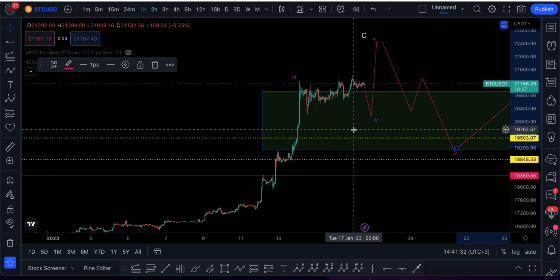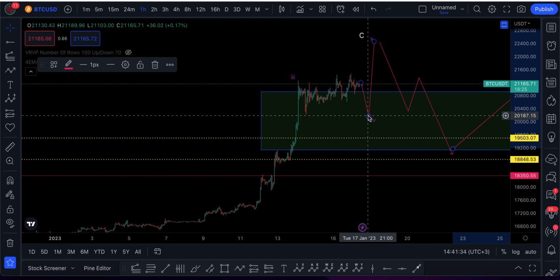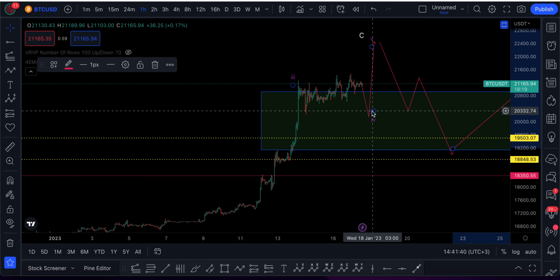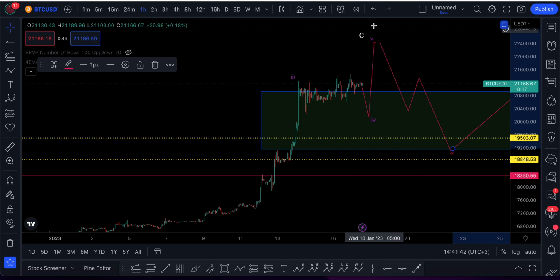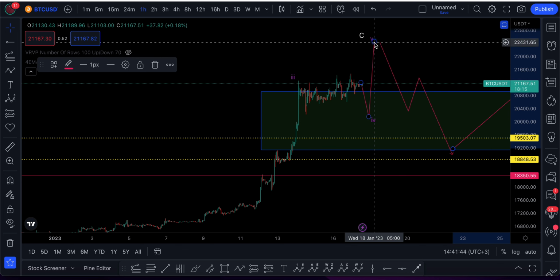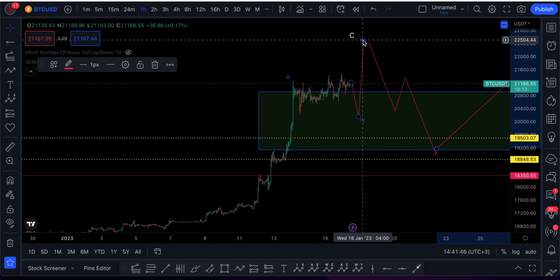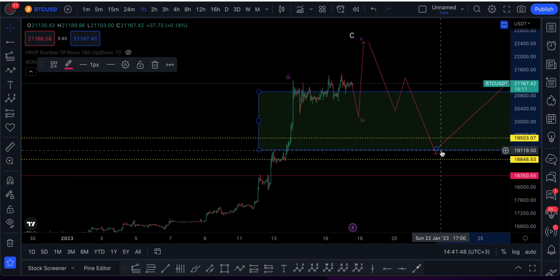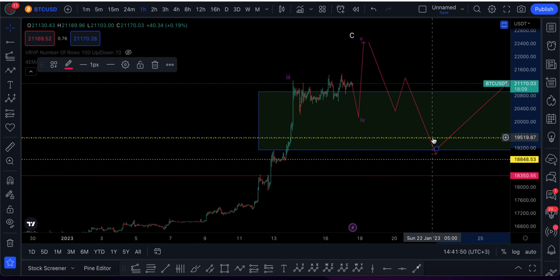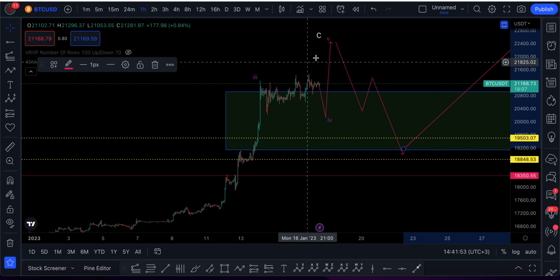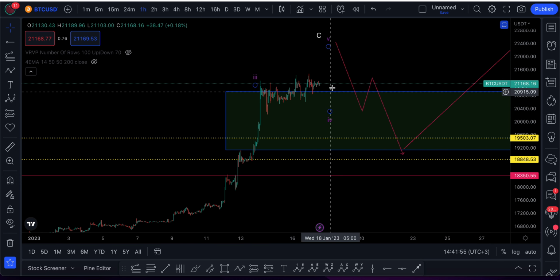What I'm interested in is whether it drops here to 20,187 or around those areas. It doesn't matter. Or if it pushes up to that area, I won't do anything. I'll just wait for a pullback. This is what I'm waiting for. If I can get a pullback like that, I'll be able to buy Bitcoin and ride it to the upside.